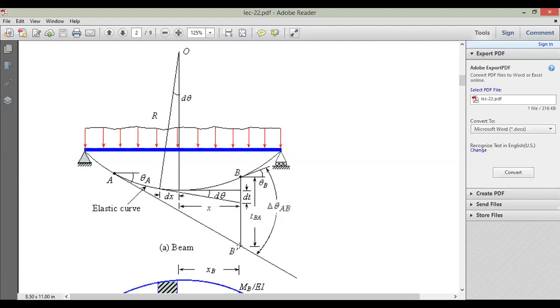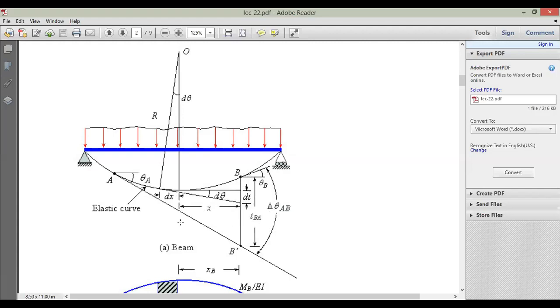So this line will have point A, the actual position, and point B dash, the reflection of B. This is B, then d theta, and this is x, dx, then theta A, theta B. t_BA is the distance between B and B dash, the reflection of B on this line, a perpendicular drop from this point.